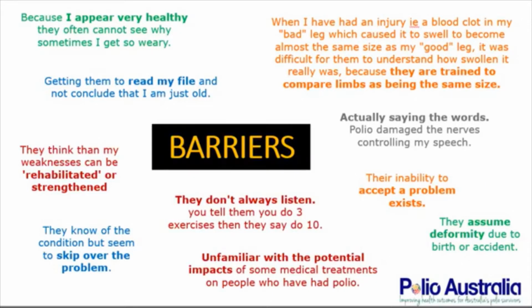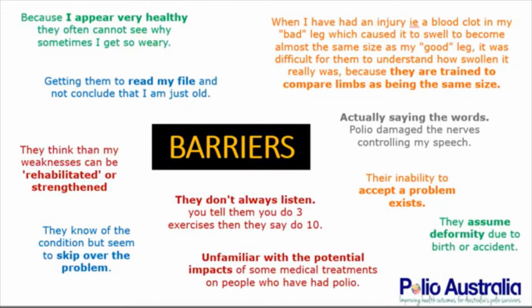And if we start with green, we can see the top left one is one of the quotes from last night. Because I appear very healthy, they often cannot see why sometimes I get so weary. So green is about making assumptions, how that can be a barrier to someone receiving care.